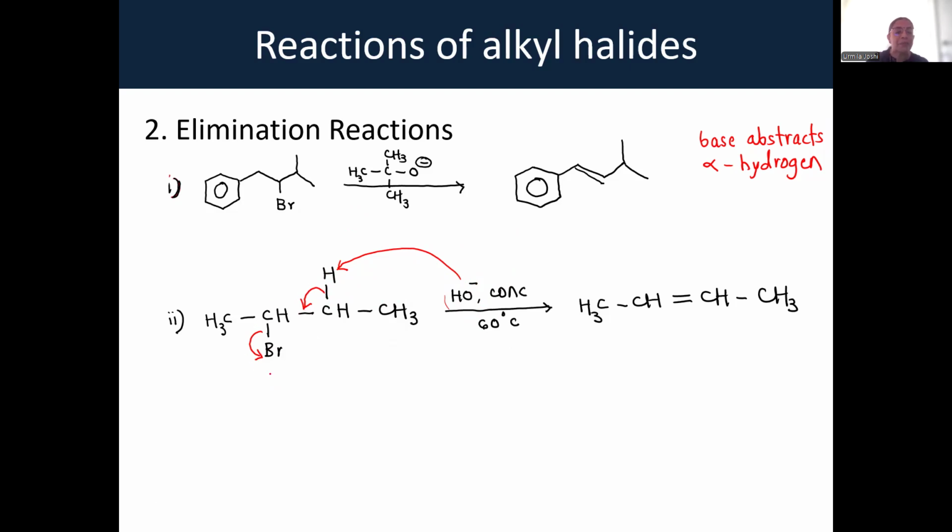Why? Because at the same time, bromide is also leaving, and so the product is formed. There is one more possibility. We are going to discuss later why tertiary butoxide gives elimination reaction. But tertiary butoxide, when used as a nucleophile or as a base, does not undergo substitution reaction very easily. It undergoes elimination reaction, and this is the product that is formed.